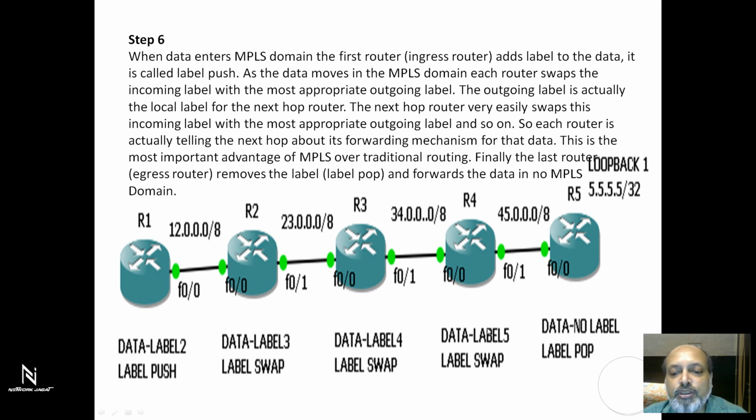In my topology, I have mentioned label 5 here, but what will actually be written in label 5? In fact, it will be written implicit null.